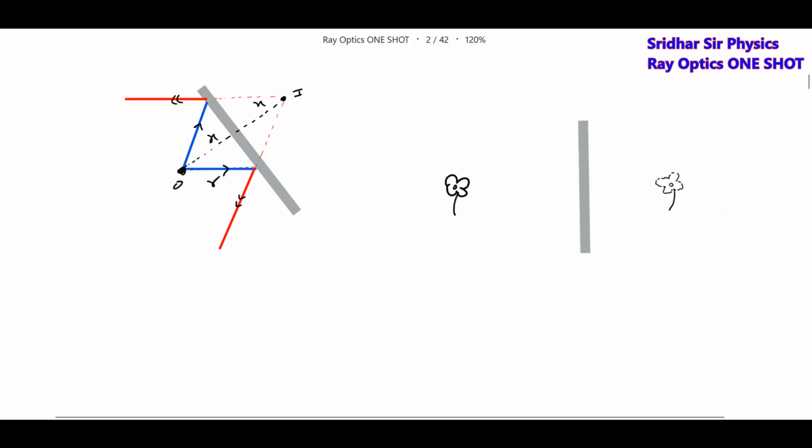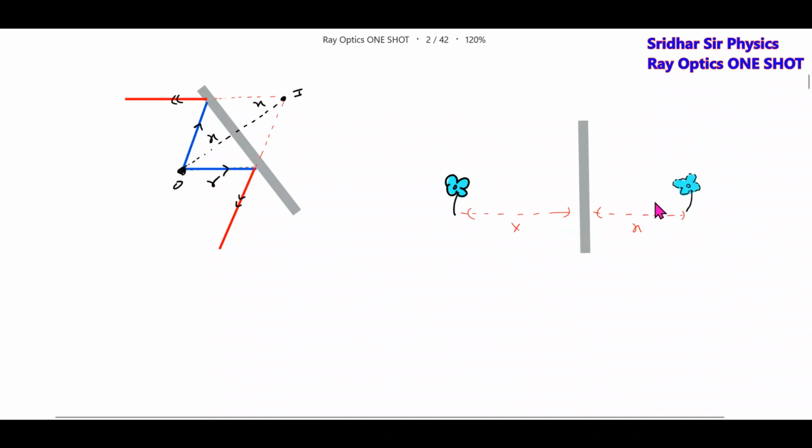Suppose it has some color, we'll color it. You'll see the same color. This is one simple idea to try to learn, very important for you. So this is the object distance. The image distance also will be the same. At whatever distance the object is present, the image will be present at the same distance.